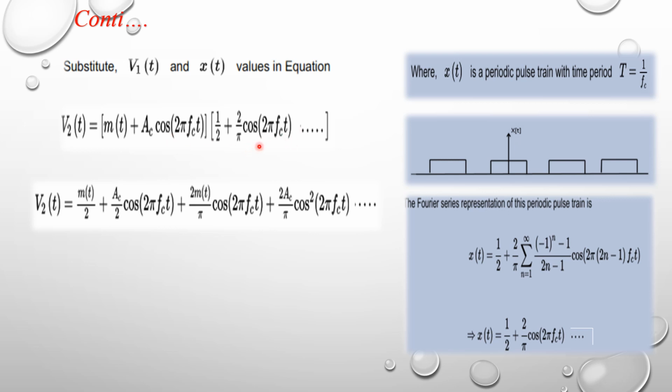Cos and cos give cos square, so the amplitude is 2 Ac divided by pi cos square 2 pi fc t.